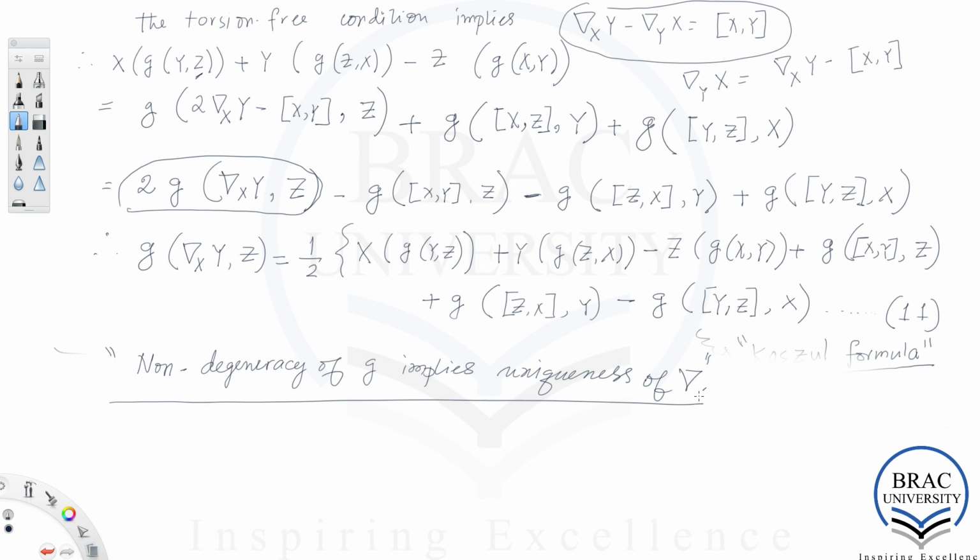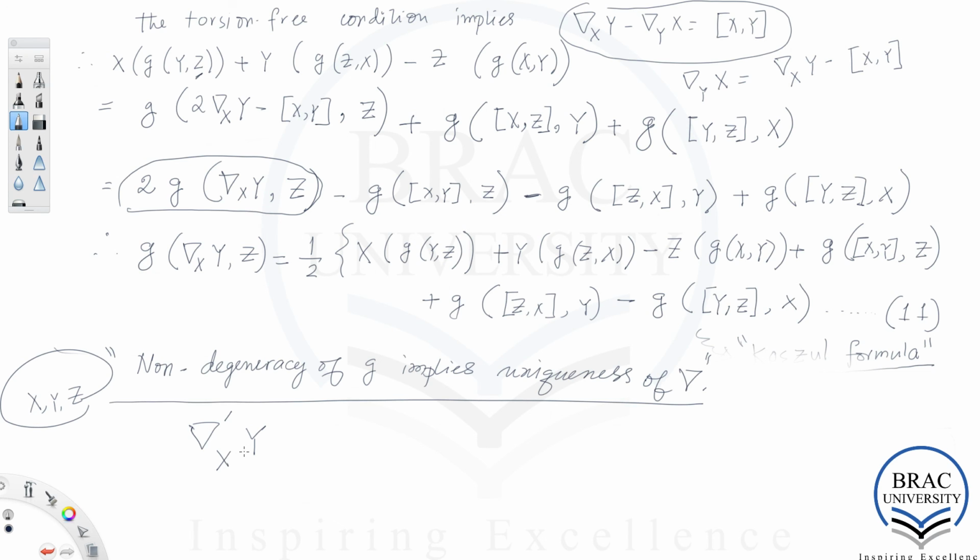So say that we have another torsion-free connection on the same manifold, which we denote by nabla prime, okay? So for the same 3 vector fields x, y, and z, we can work out this nabla prime x y in the same way we did before.